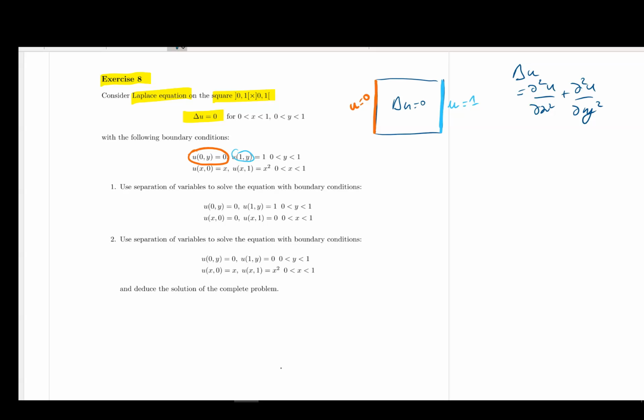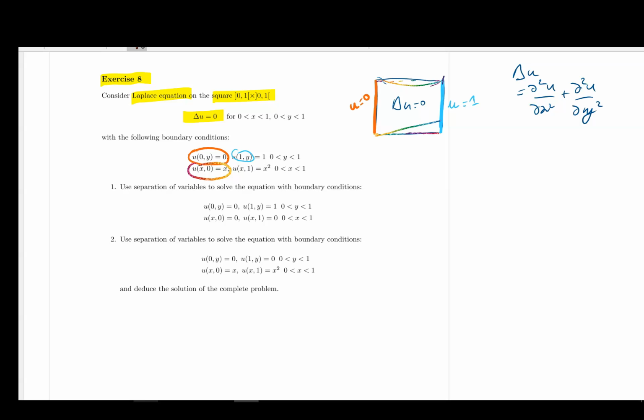Okay, and I also have two more conditions, so that's maybe a bit unrealistic, but it's really a pedagogical example so that you can understand what's happening here. U of x,0, so anything happening on that bottom line is going to be equal to x, right? And on the top one, u of x,1 is going to be equal to x squared. So you heat in two different ways the bottom and the top one.